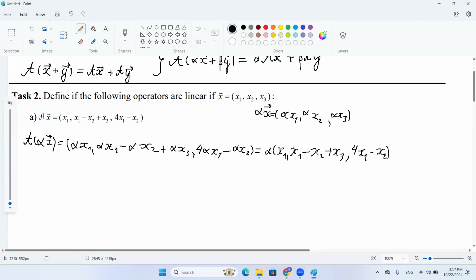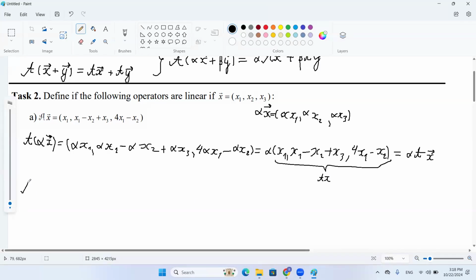And basically we can substitute it with alpha times Ax. But let's write it here as equality as well. So we just move alpha outside of brackets.